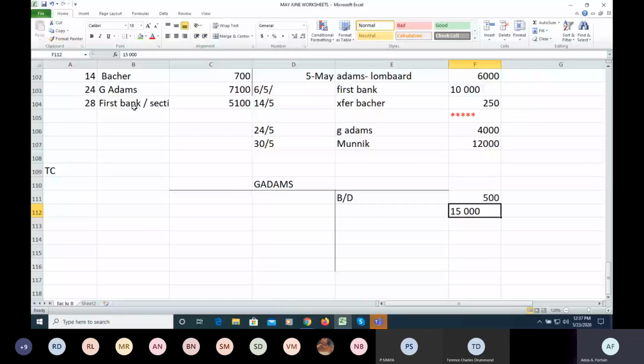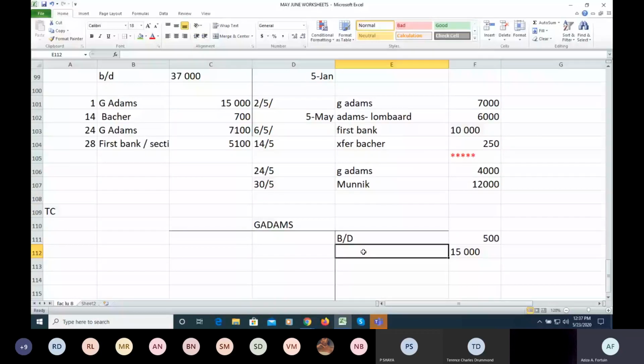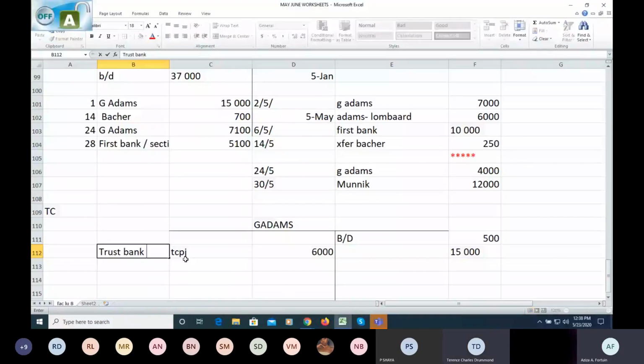We know that on the 5th of May, there was a fee of 6,000 rand that instructed K. Lombard to handle the case. So in the trust cash payment journal there was 6,000, and let's make that trust bank, advocate.